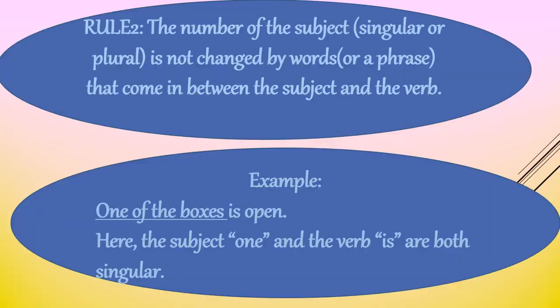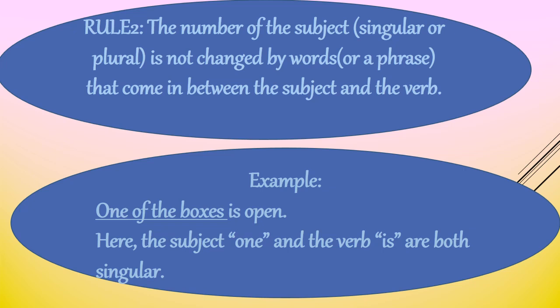Rule 2: the number of the subject, whether it is singular or plural, is not changed by words or a phrase that comes in between the subject and the verb. For example, one of the boxes is open. So here the subject one and the verb is are both singular.